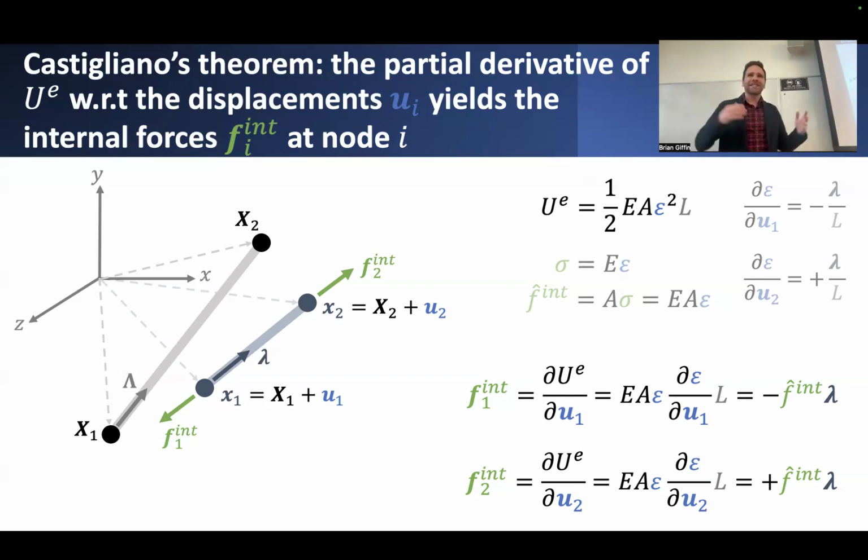So in practice, we're taking a second derivative now. It's the second derivative of the internal strain energy with respect to these nodal displacements that gives us the definition of stiffness, which in practice represents small changes in force due to small changes in displacements.